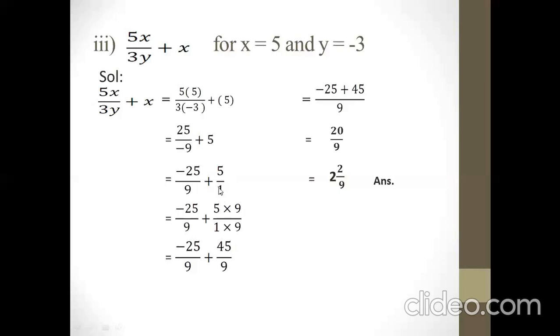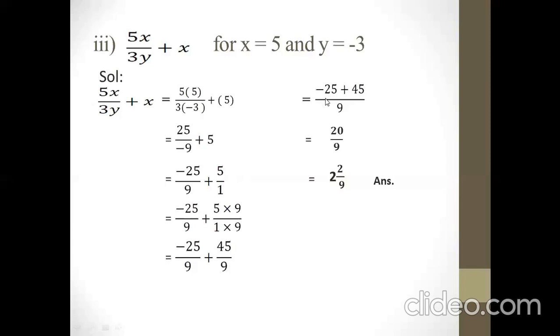For this, if I multiply this denominator with 9, then it will also convert into 9, and we will apply the same procedure in the numerator as well. Now minus 25 upon 9 plus 5 times 9 upon 1 times 9. That is minus 25 upon 9 plus 5 times 9 is 45 upon 9 ones are 9.